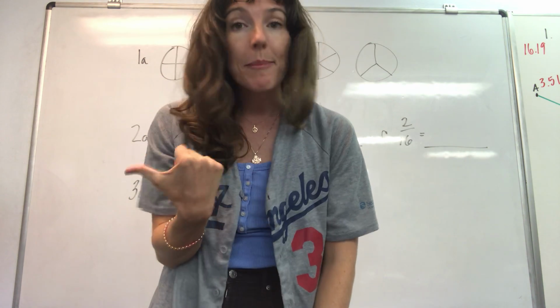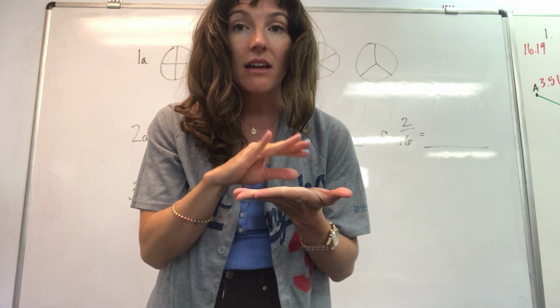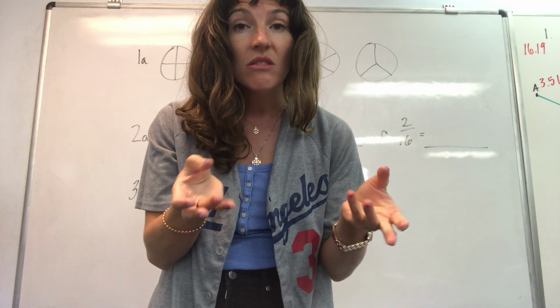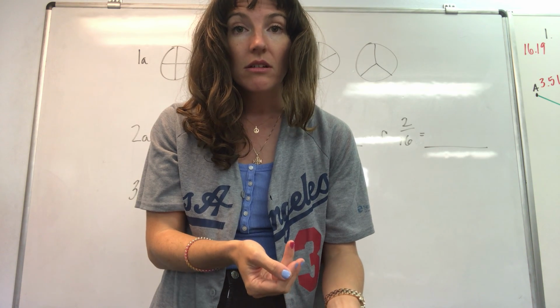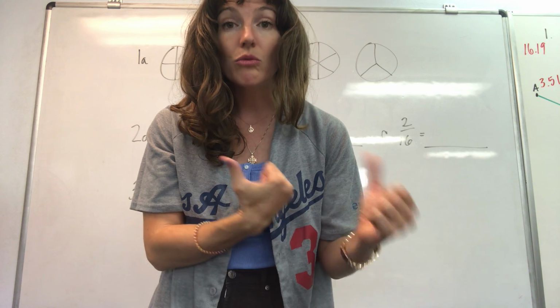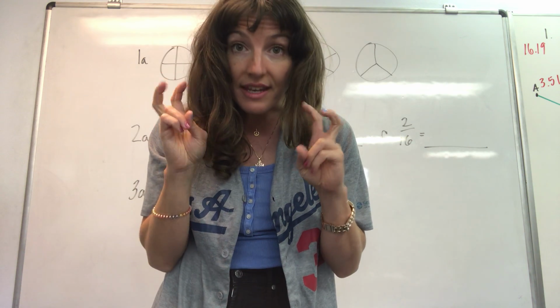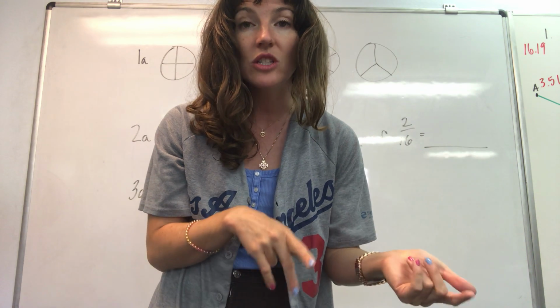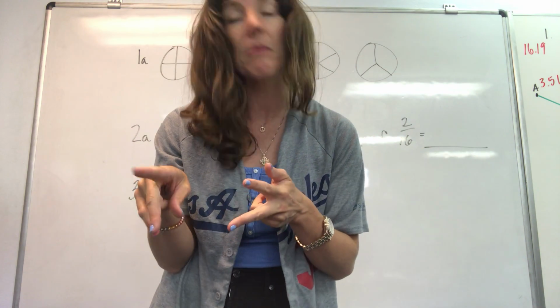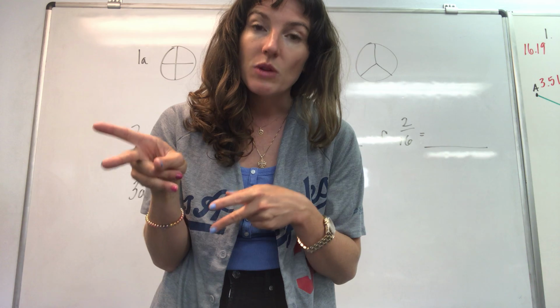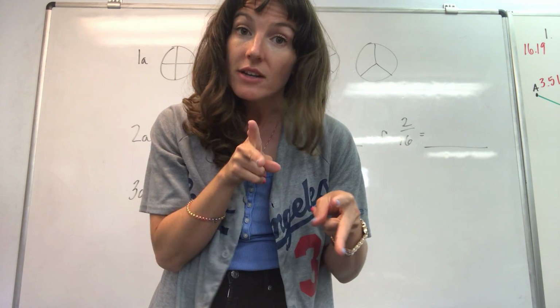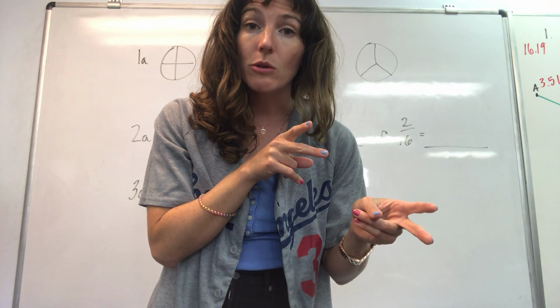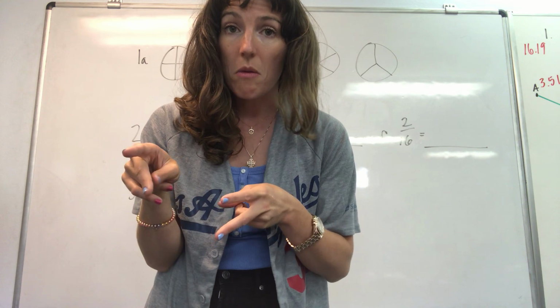And now we're gonna do the opposite. We're gonna take a fraction with a large numerator and we're going to reduce the name. We're not going to change how much we have, we're just going to reduce the name. So last time we made the amount with a bigger name, and now we're going to make the amount with the smaller name.